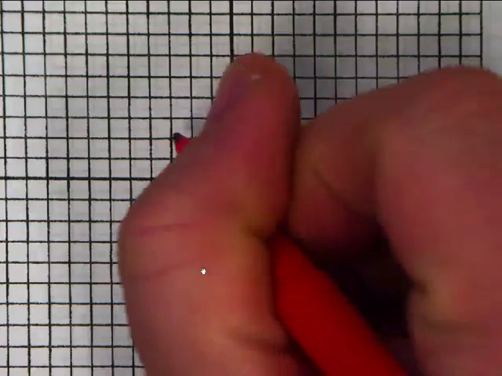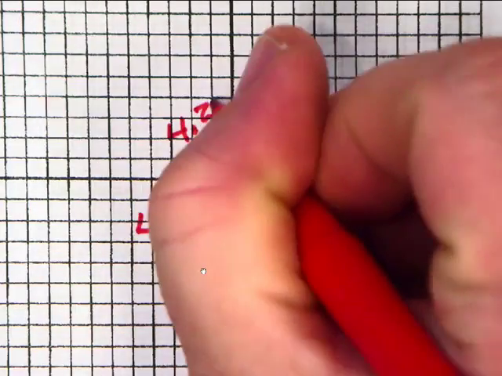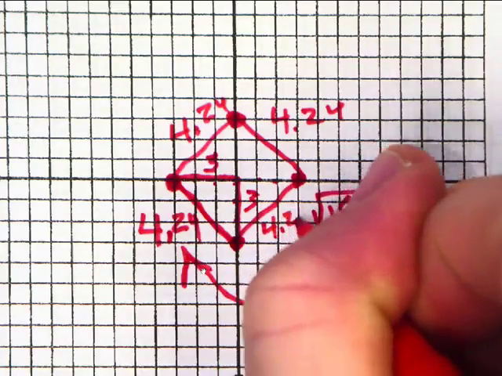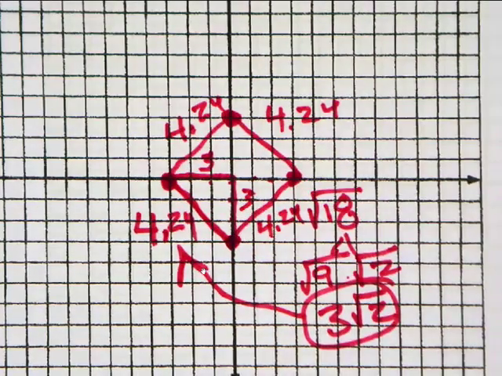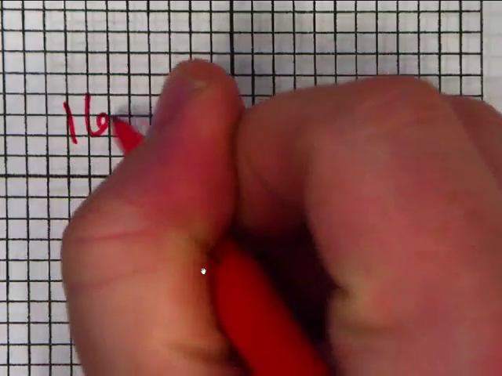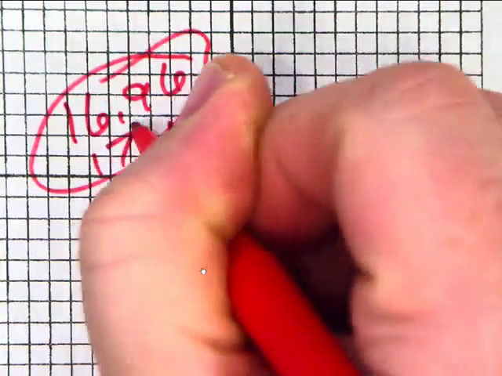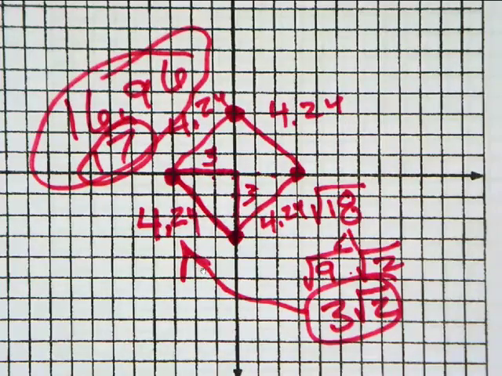If it's a square, all sides are 4.24. So 4.24 times 4 gives us a perimeter of 16.96, or about 17, depending on when you want to round. That's how you do number 1.